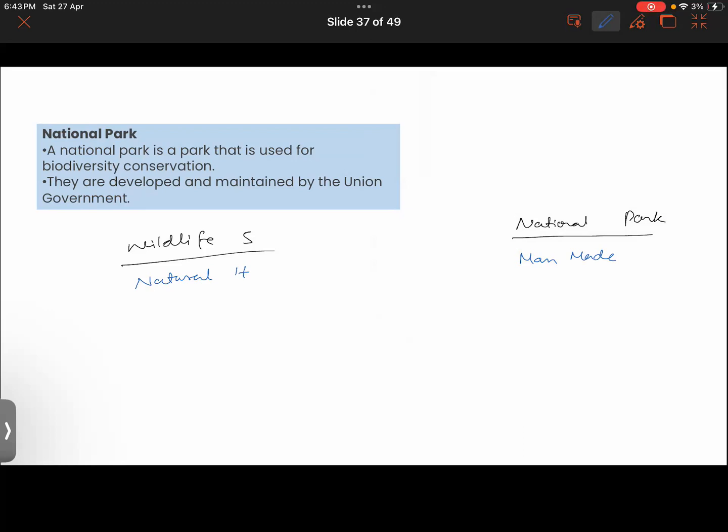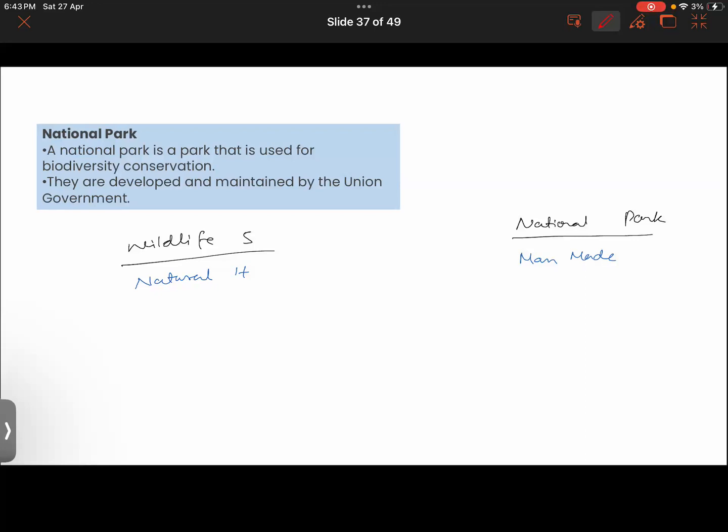We have studied that a wildlife sanctuary is not meant for recreation and enjoyment of the public, while in a national park, in addition to protection, wildlife animals are kept for recreation, for enjoyment, and for educative purposes also. Getting it?